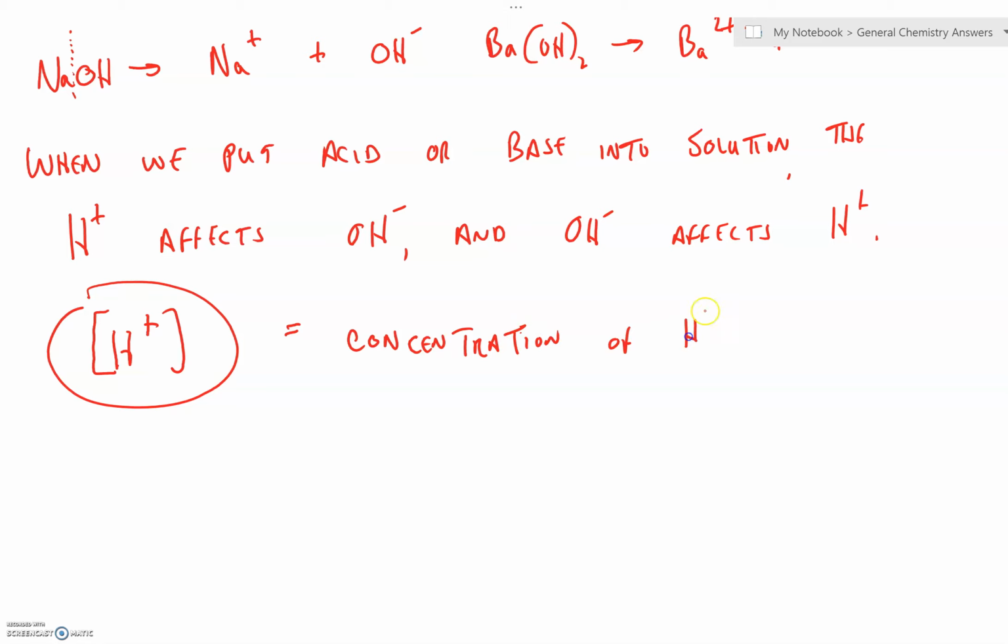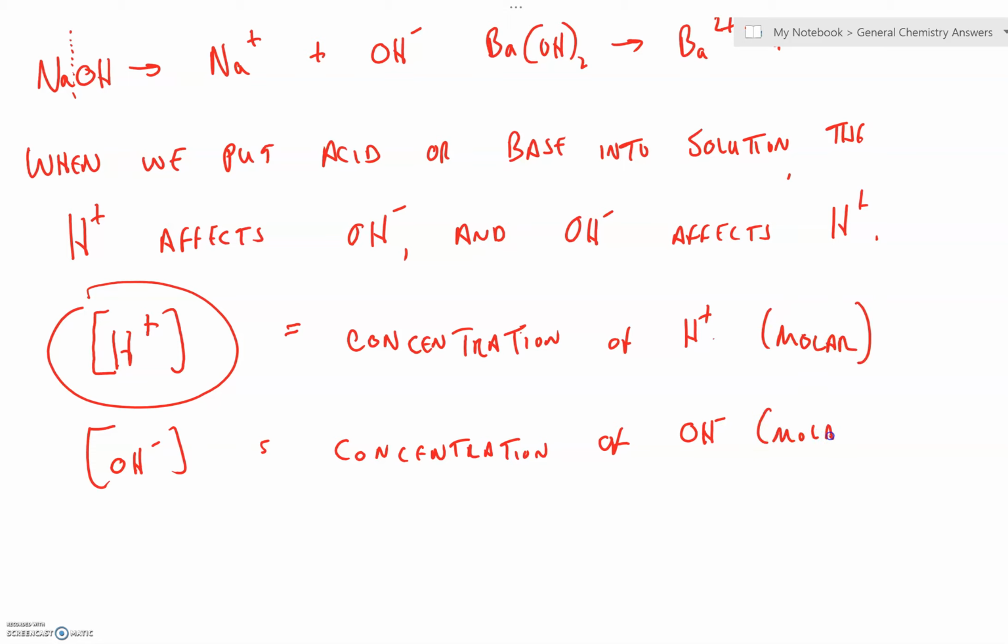Concentration of H plus. Whenever we see brackets around OH minus, this means concentration of OH minus. And of course, this is in molarity, so this would be molar here too, okay?